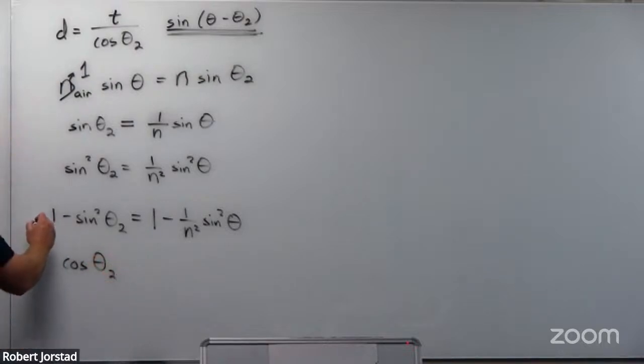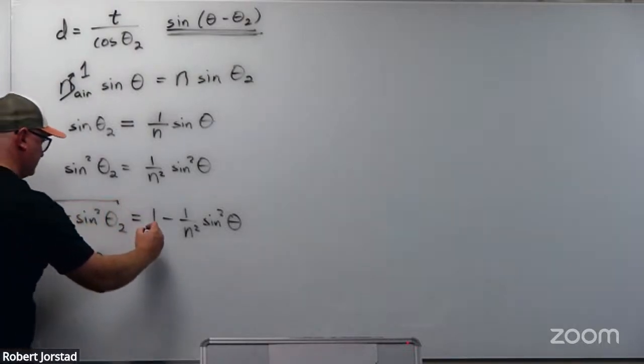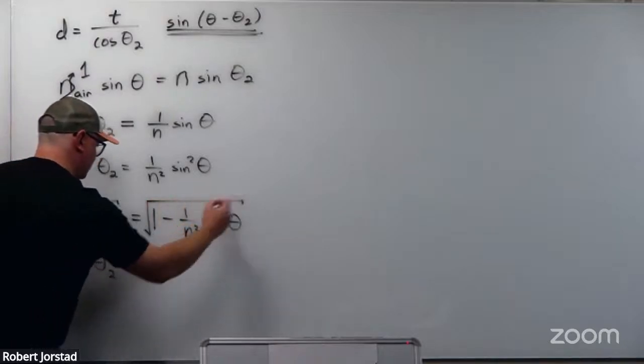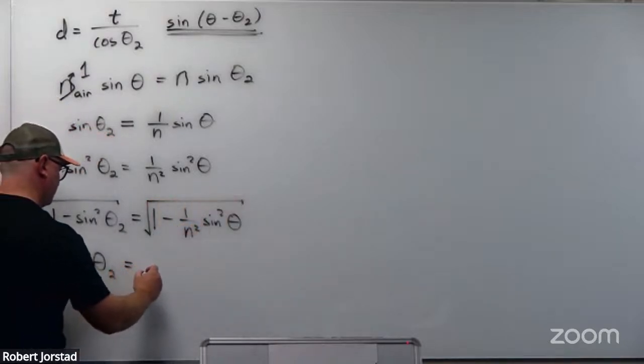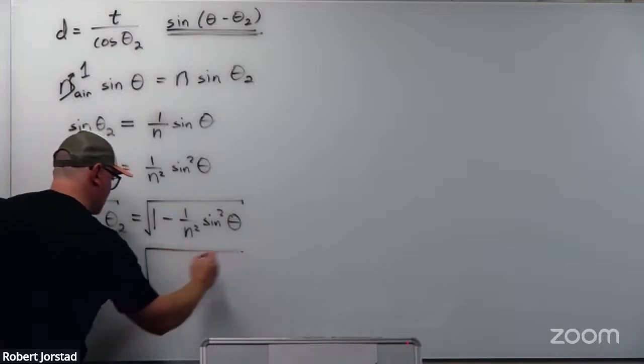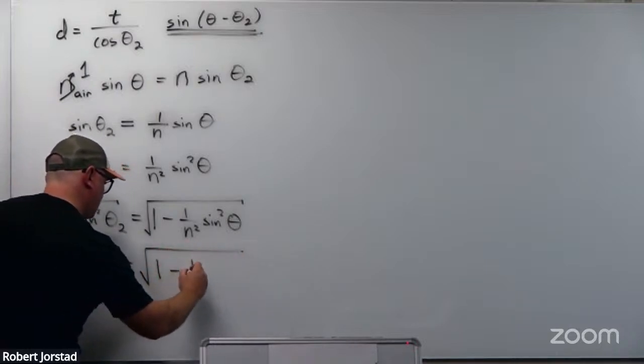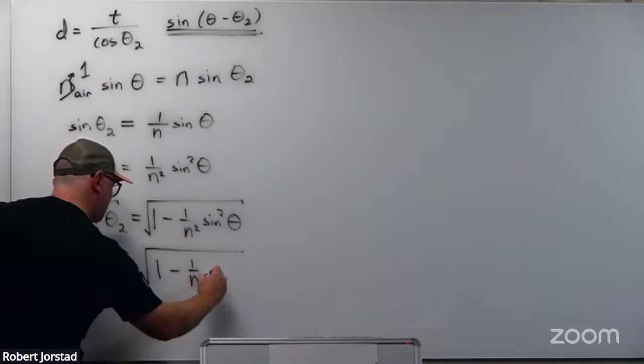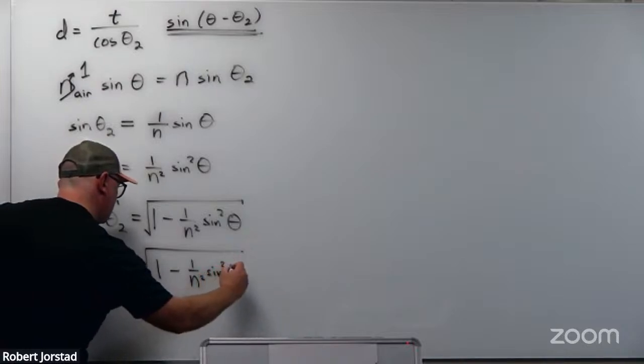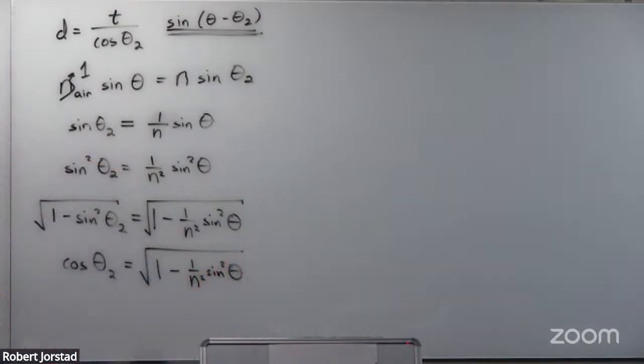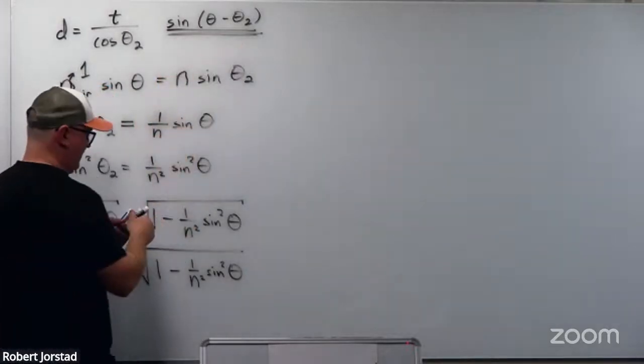If I take the square root of both sides, that's a convenient way to get rid of theta 2 in this term without having the inverse sine functions in your answer. And we can also use a trig identity on this term.